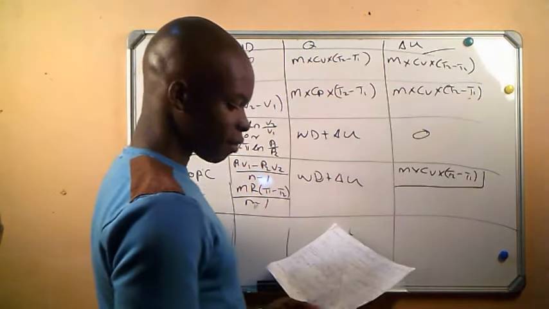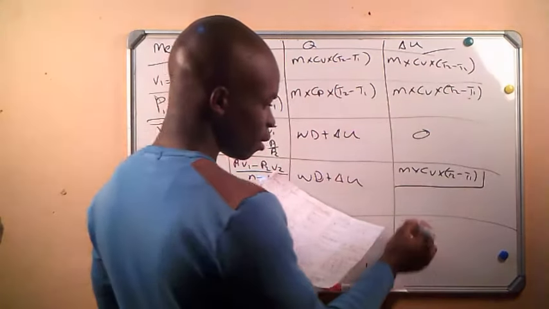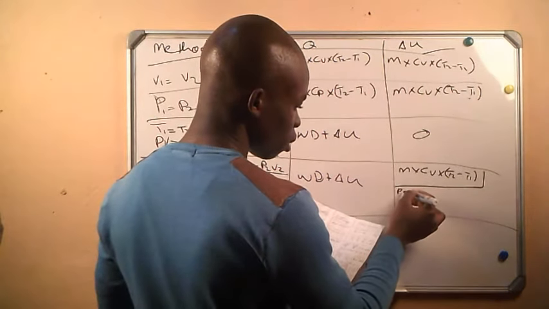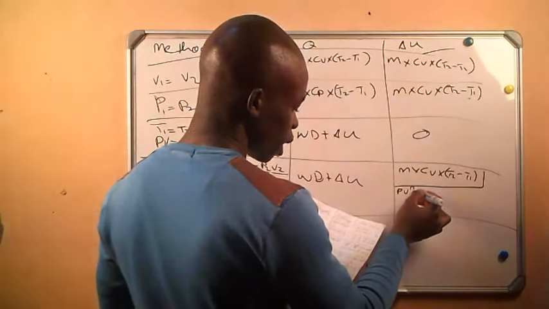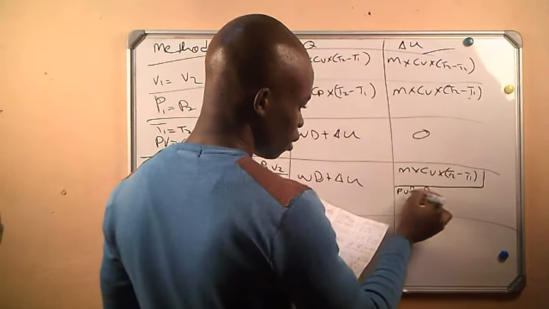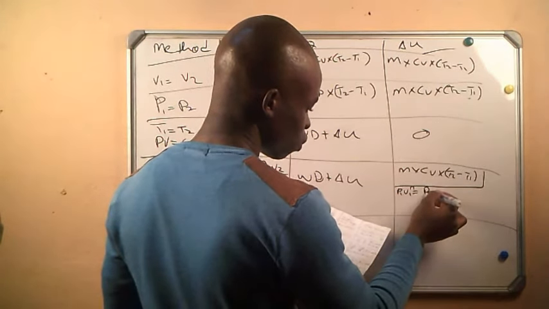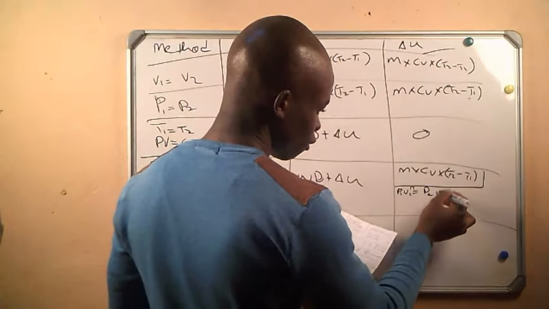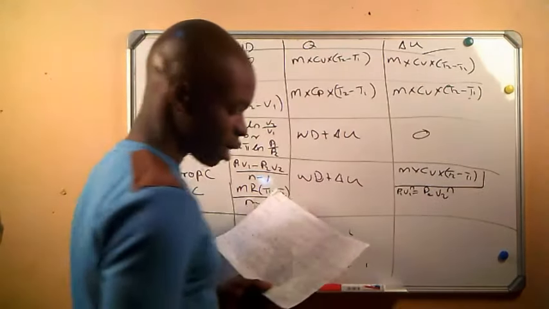First we have a formula that says PV^n = P1 V1 = P2 V2^n.